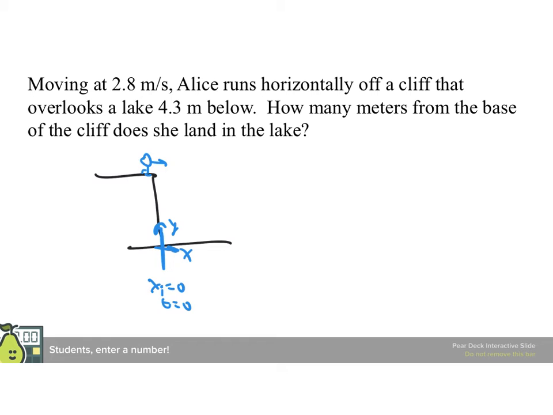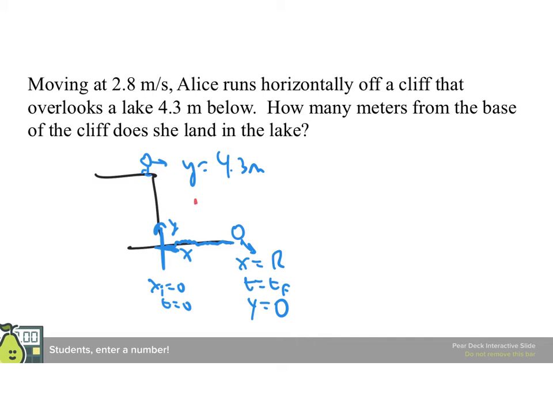Of course, she also starts at a height of 4.3 meters. And then eventually Alice reaches the water. We hope. I guess we should make this water so she's not in trouble. Where x is some range, t is the time of flight, and y is 0.